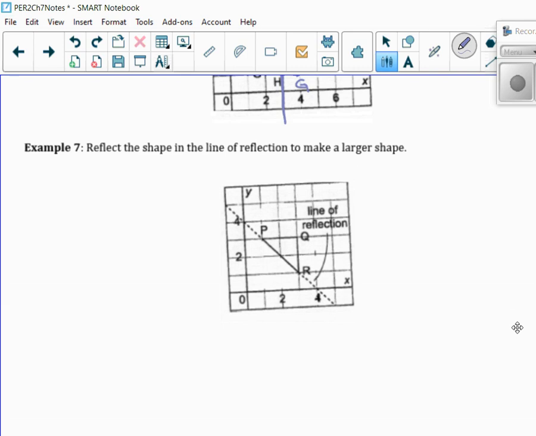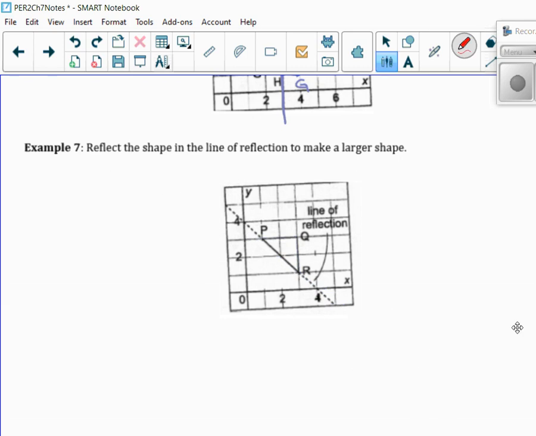Alrighty, moving on. Example 7, it's saying to reflect the shape in the line of symmetry to make the larger shape. Okay, so the line of symmetry is right here, and if you can't see this very well, there's a triangle right here. So if I were to reflect that, the R and the P are on the actual line, even though I don't have it drawn very good.